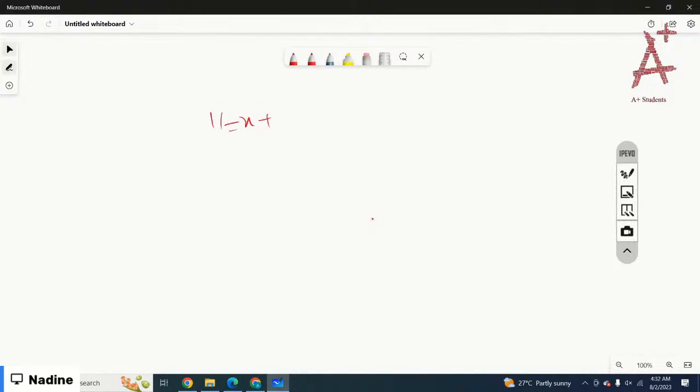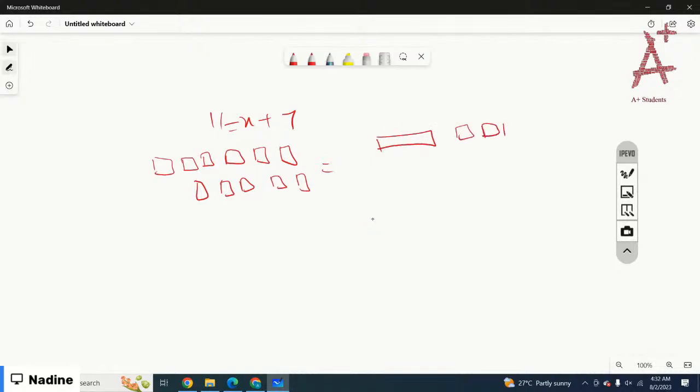So you have 11 tiles, and you have this one for x and 7 tiles. Basically, you can remove 7 from here and 7 from here.